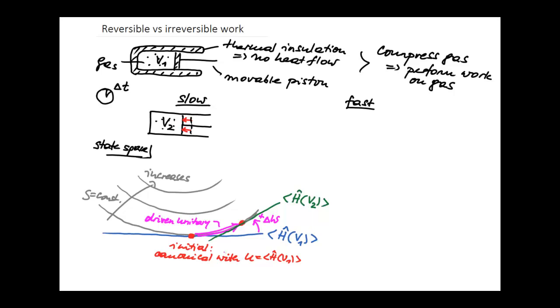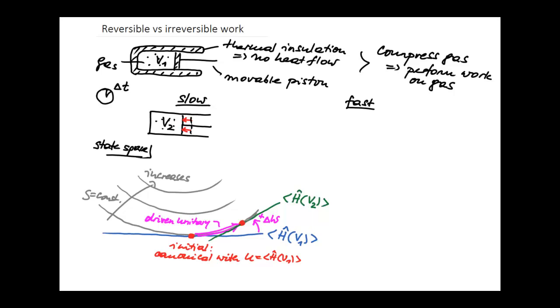And it's also canonical, because we said when we compress slowly, the final state is in equilibrium. So it must also be, just like the initial state, on the green line, the state with the highest entropy. And therefore, in this picture, the green line is the tangent to this curve at the final state.